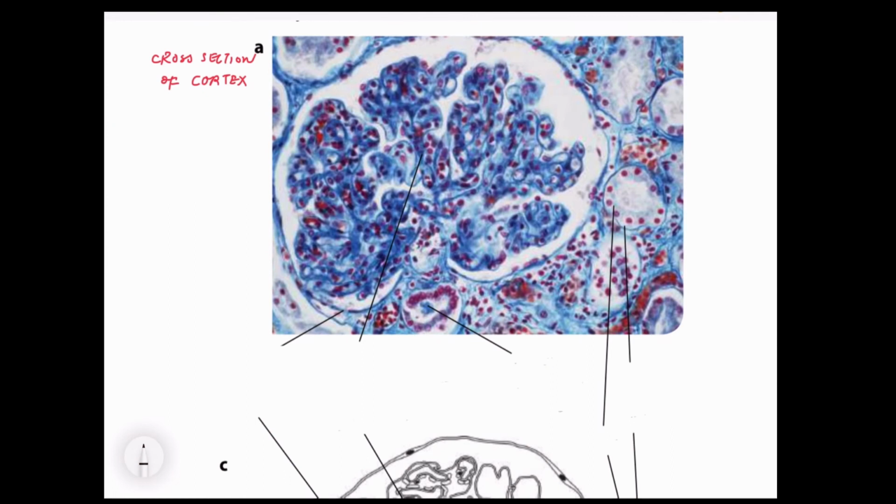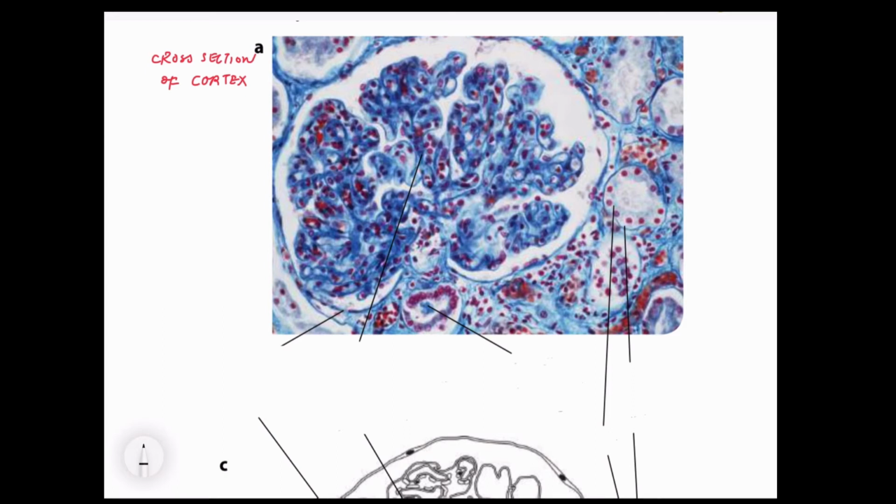So now we're going to analyze the cross-section of the cortex. As you know, in the cortex region, we can see the glomerulus, the Bowman's capsule, the PCT, and the DCT. So from this diagram, how do you distinguish all these structures?